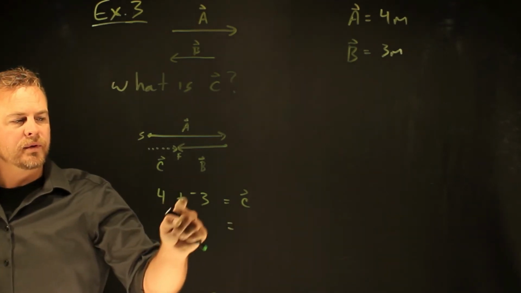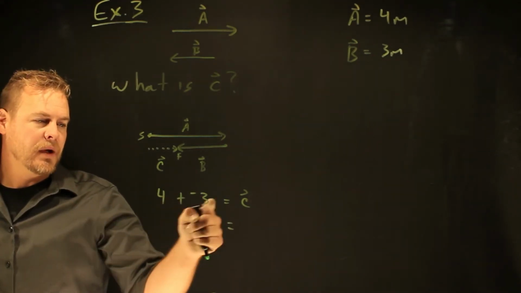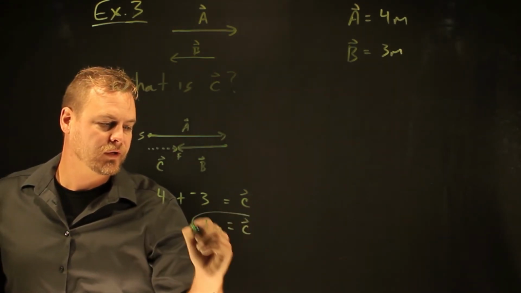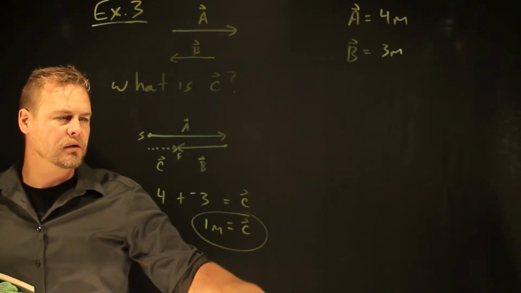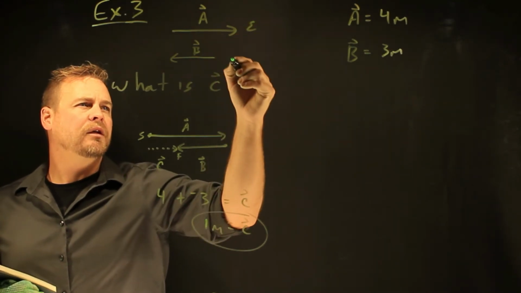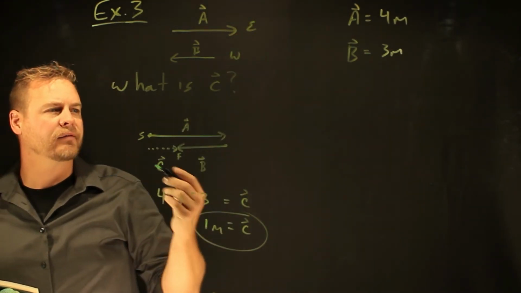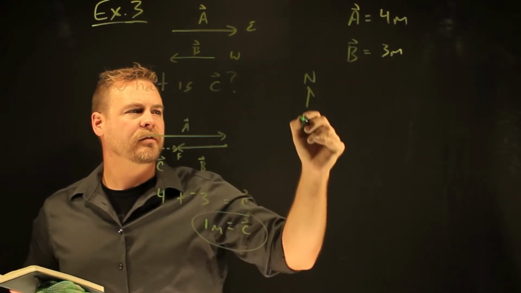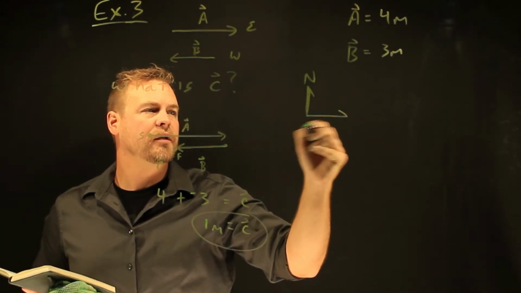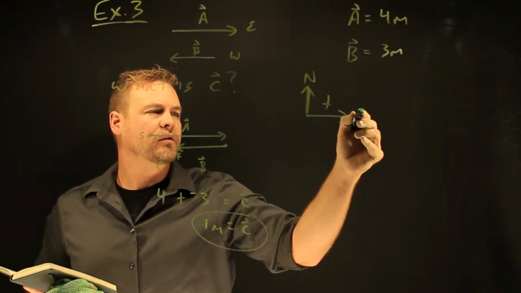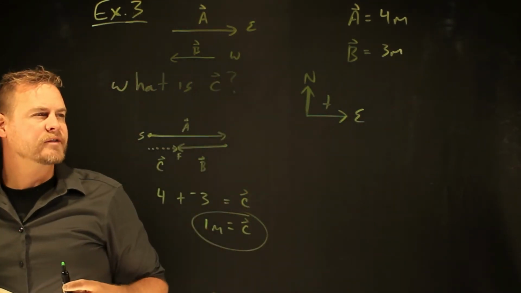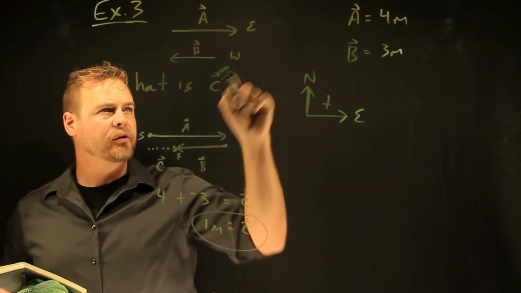And so 4 plus negative 3, or in this case minus 3, right, ends up with 1 meter for vector C. Sometimes this will take the form of vector A is moving east and vector B is moving west, and so you would have to understand that you set north as a positive value and the east as a positive value, and so that would make west negative. So this will depend on your reference points.